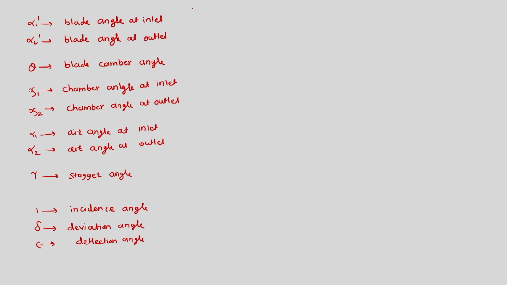We got alpha 1 dash and alpha 2 dash as two angles which are between the axial direction and the tangent to the camber line.